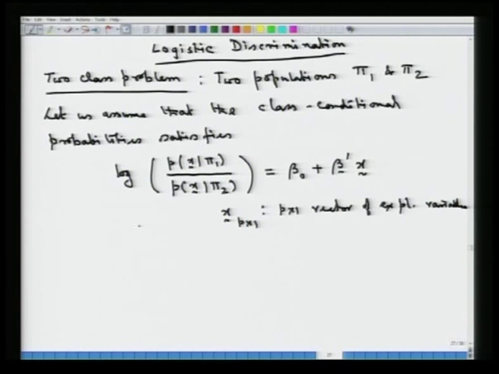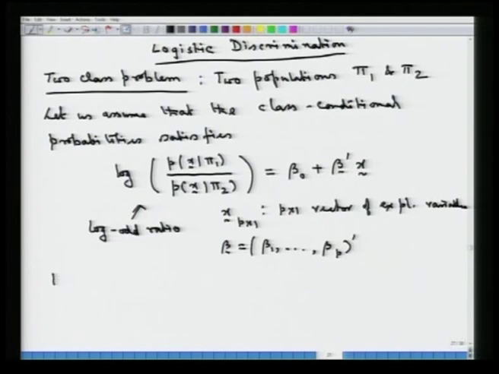And this beta vector is a vector of constants beta 1, beta 2, up to beta p, of the same order as this feature vector, and beta naught is a constant. This quantity, the log of this odds ratio, is what is called the log odds ratio.